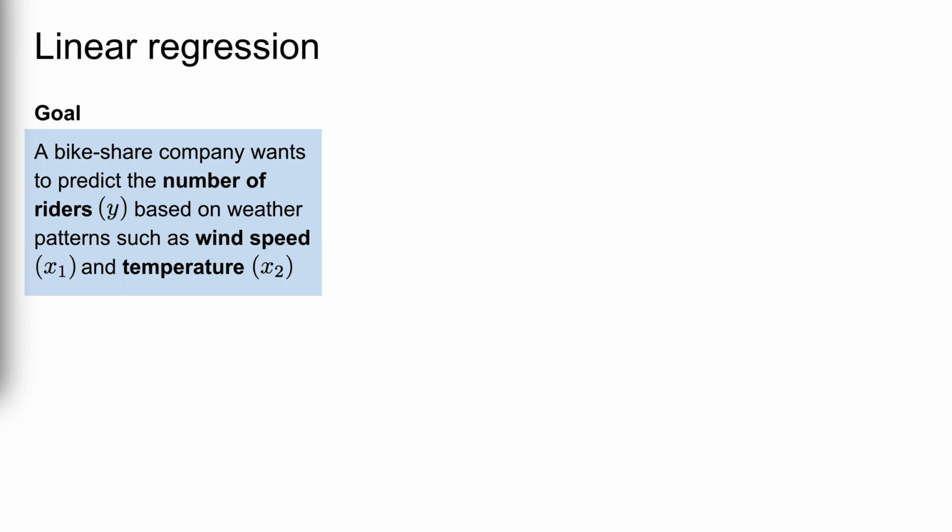To improve their bike service, a bike share company wants to be able to predict the number of riders, Y, on a given day based on weather patterns such as wind speed and temperature, which we'll label as X1 and X2. In this relationship of interest, notice that our response variable or output variable of ridership is quantitative.